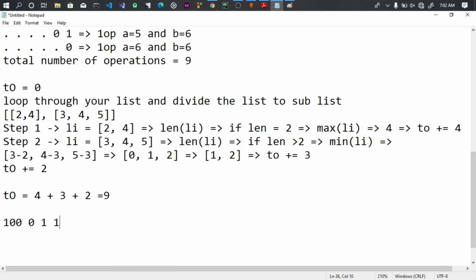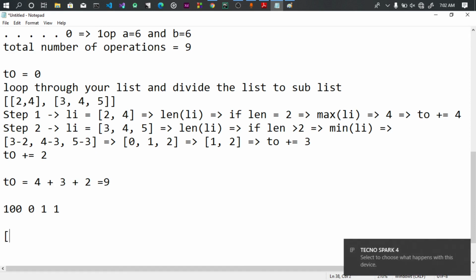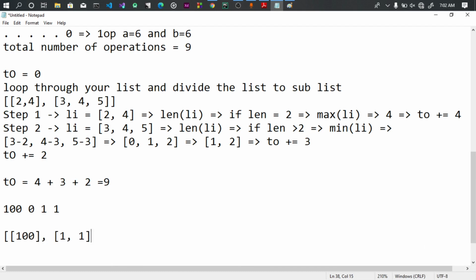So if we take that into consideration, we're going to look here. We see that we have only 1 here and we have 2 here. So let's go for our step 1. If we're to follow our step 1, we check the length of the list. And if we check first, before we actually go for our step 1, we have to divide this into sublists, which will look something like this: 100 and 1 and 1.